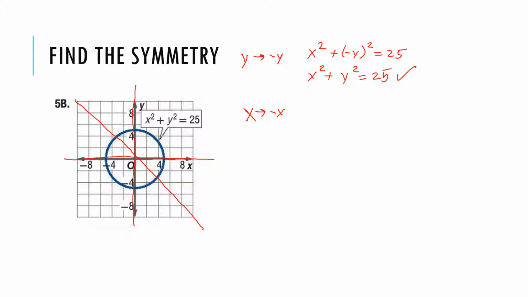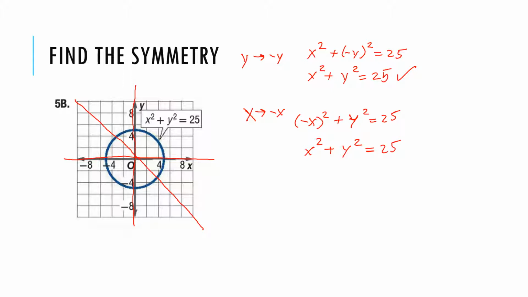For the same way, you're going to see negative x squared plus y squared equals 25. This square is going to take care of that negative sign, so I'm going to still end up with x squared plus y squared equals 25.